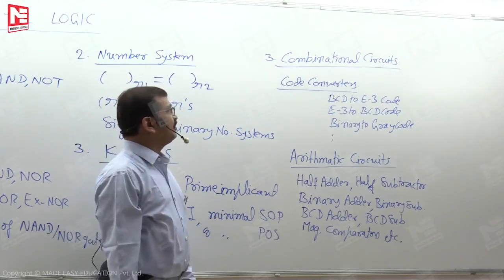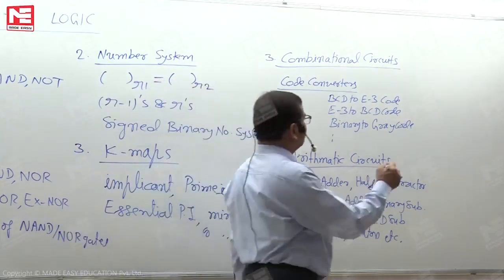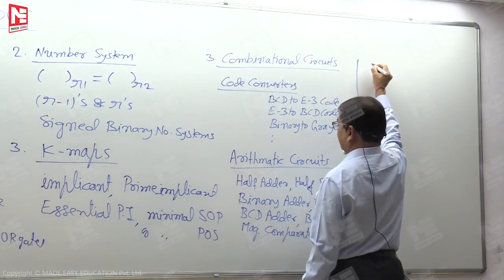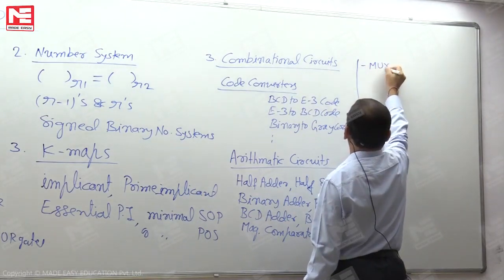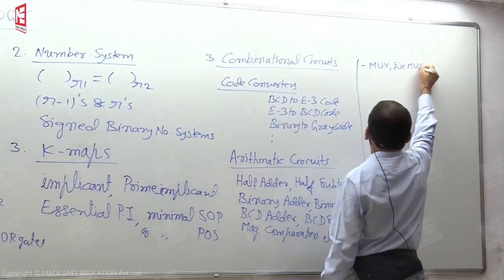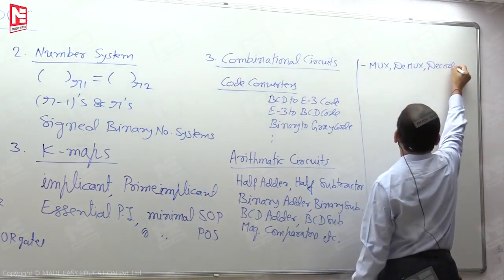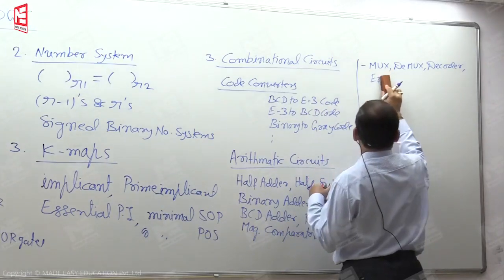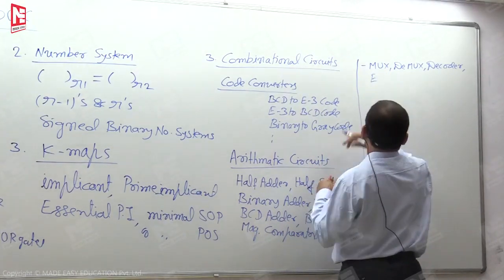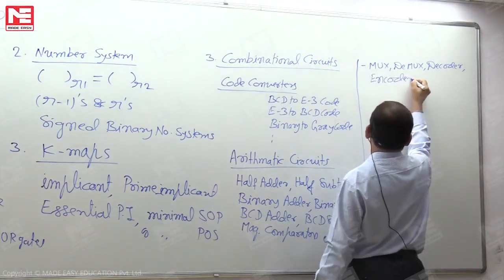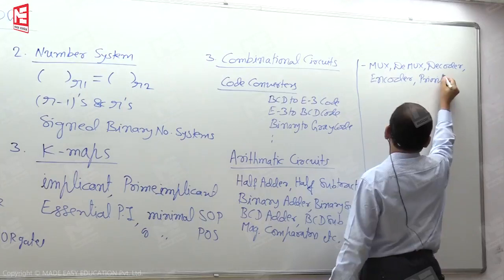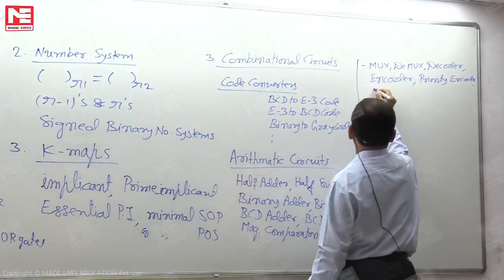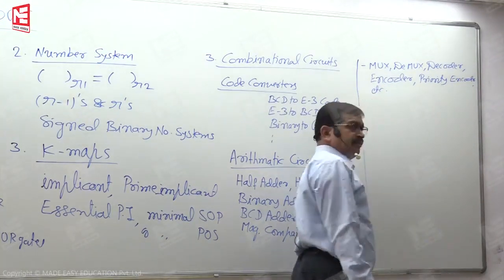Later, the next topic we have in these combinational circuits is multiplexers, demultiplexers, decoders, encoders, priority encoders, etc. These circuits will be discussed.